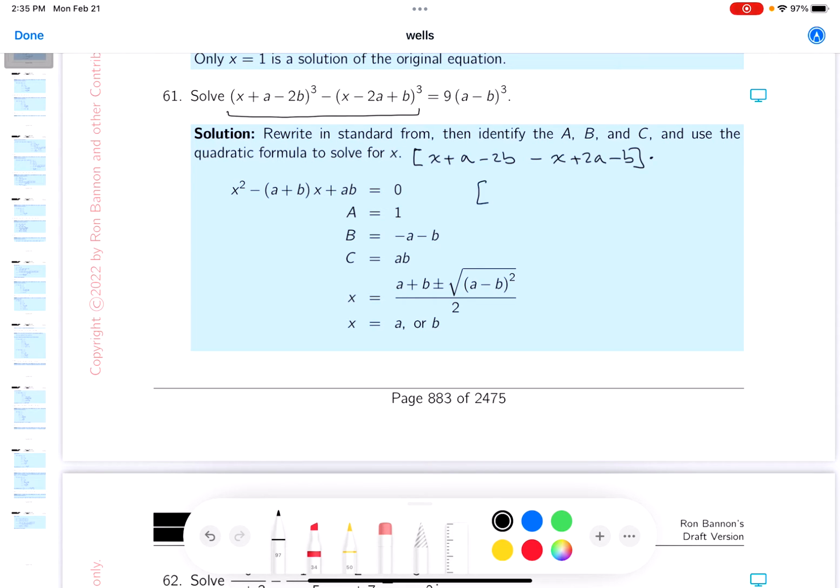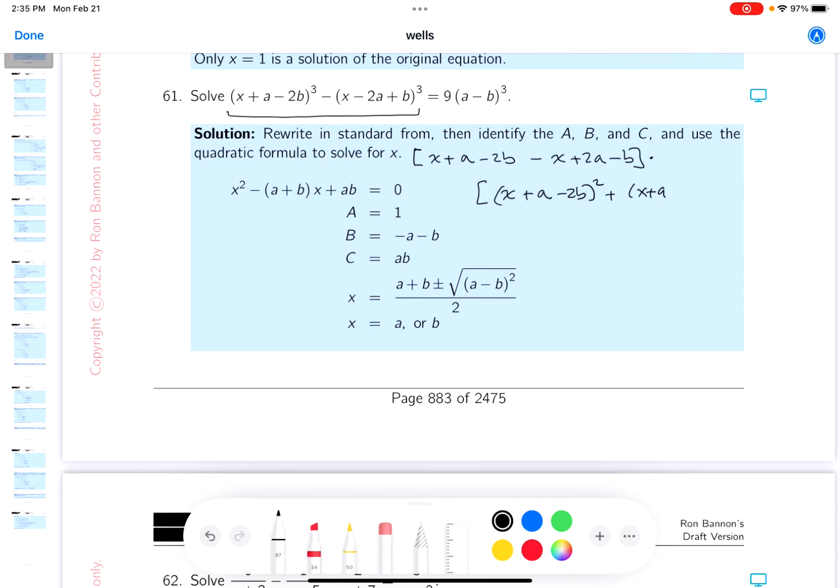Then what do you get? You're going to get x plus a minus 2b squared plus x plus a minus, and I'm just starting with this, okay? Whoops, sorry about it. Let me get my eraser out.